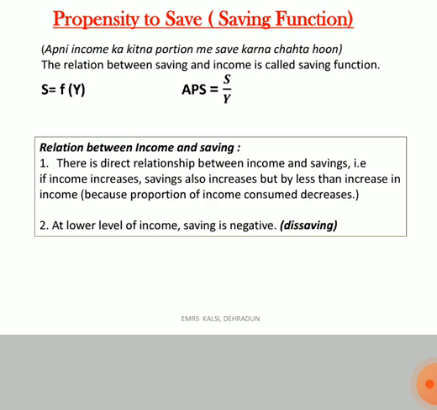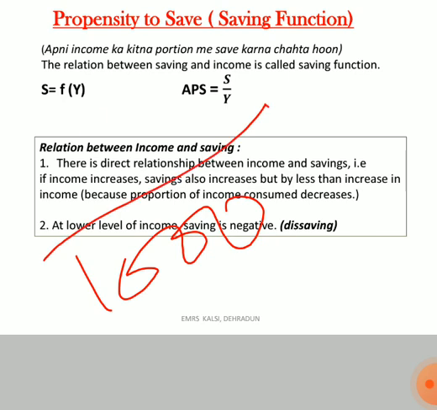For example, if my income is rupees 1000, out of these 1000 rupees, how much am I willing to save? Suppose 500. So this part of income which we are willing to save will be called the savings function.